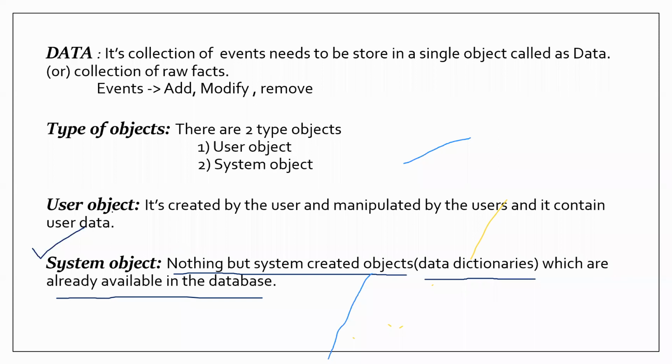By default, whatever database you are maintaining, Oracle, MySQL, MS SQL, PostgreSQL, any database, when you install that database, some tables are created automatically. Those are all called system created objects. We will discuss those things deeply in future.